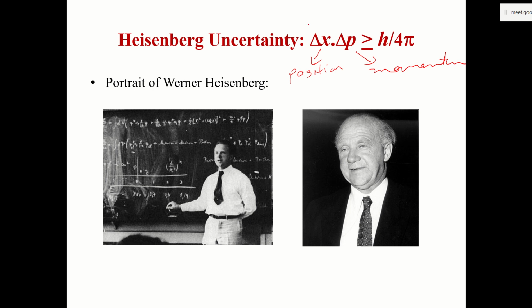So he gave this concept that no matter how hard you try, you cannot determine the position and momentum accurately at the same time. Simultaneous determination of both, there will always be an error of this much amount as given by this equation.